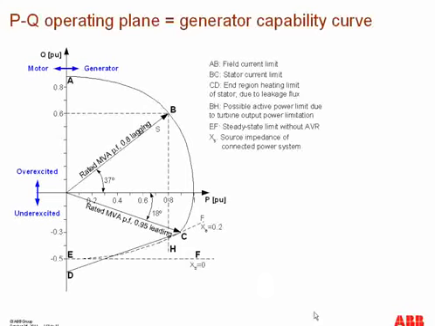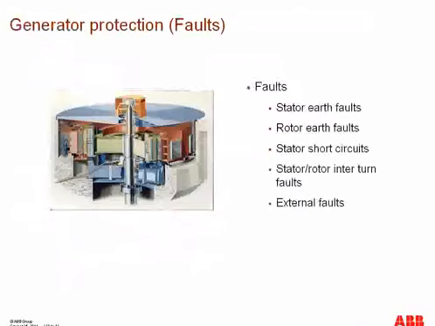In addition to all these limits, there are certain limits imposed by the turbines as well, and that turbine output limit is represented as BH right here. So this generator capability curve is quite a powerful tool to provide different limitations on the generator performance. This was just an introduction of the generator itself.